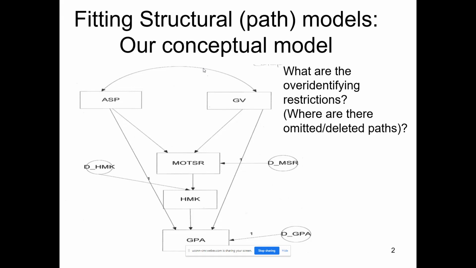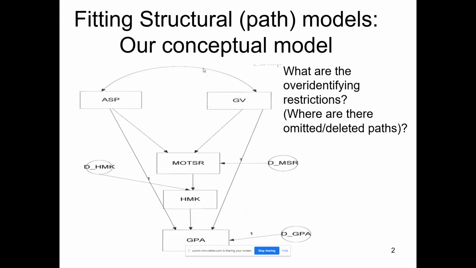And notice, again, you were right when you said there are no direct linkages from ASP and GV to homework. What this model is really saying is that motivation, how motivated you are, predicts how much homework you're going to do. That makes sense. And this is saying that your academic self-perceptions don't actually predict homework completion behavior after controlling for motivation.